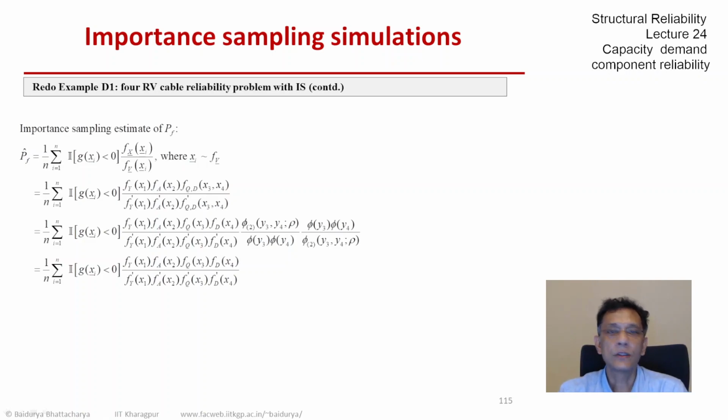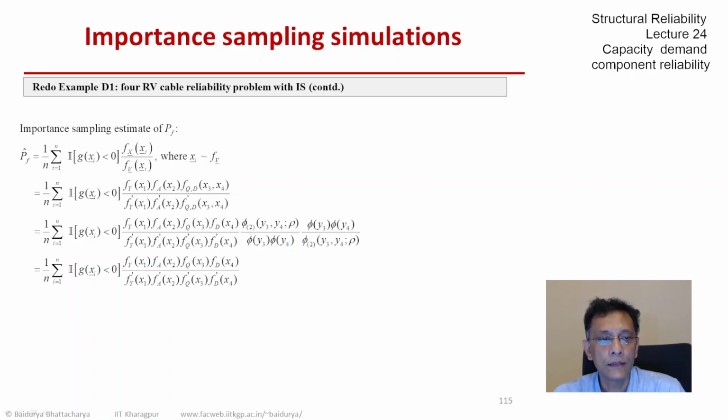So that's the correction that we have to use, and if we do it repeatedly, then that's how we would sum and divide by n to get the estimate of PF. So that brings to an end the method.